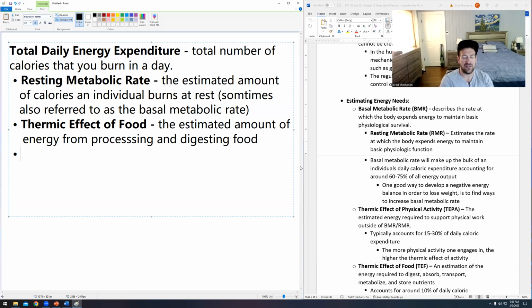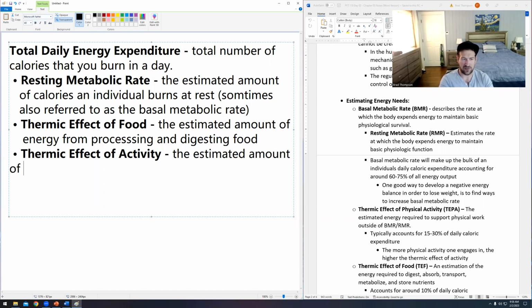And then we also have the thermic effect of activity, or physical activity, if you want to call it that. And that is going to be the estimated amount of calories from all of the daily physical activities.